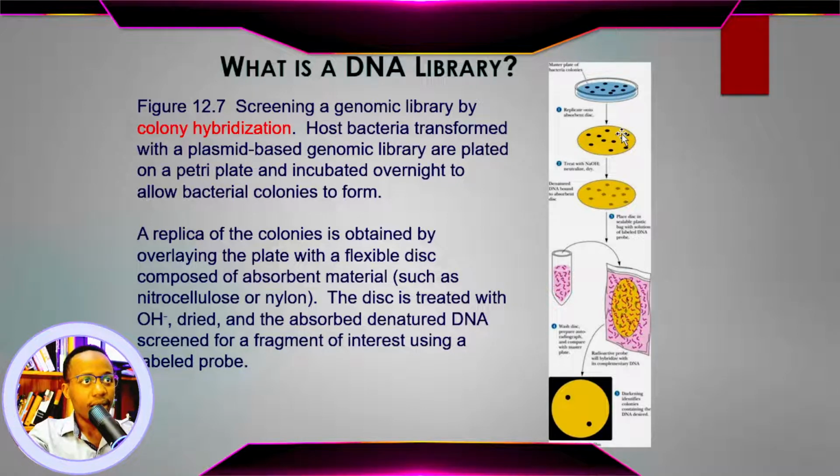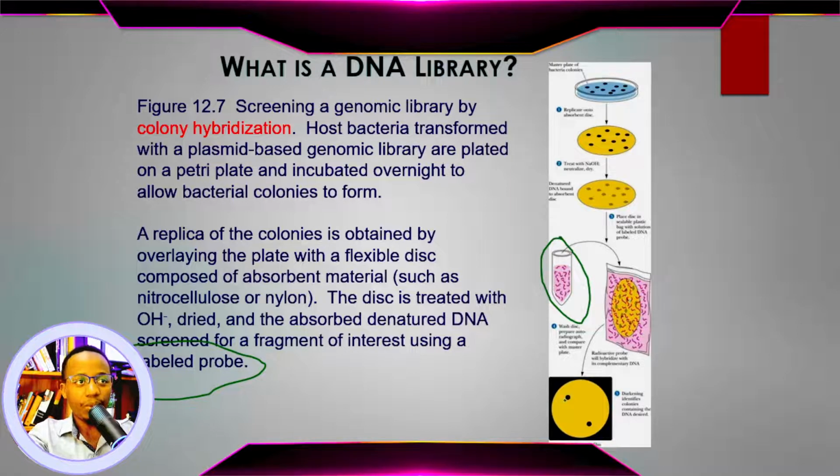And after you take the disk, you take your sample of interest, and this sample of interest will have fluorescent material, so you use a labeled probe. Why is this important? Because you add this onto your disk, and guess what? Only the DNA that can bind to this is going to stay.